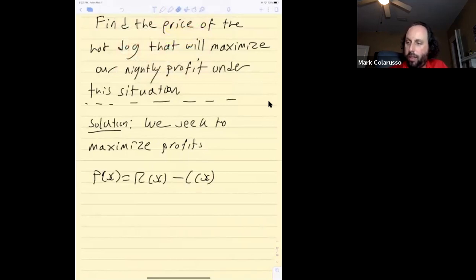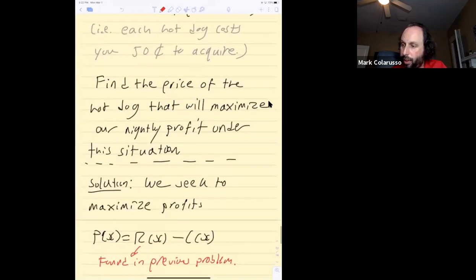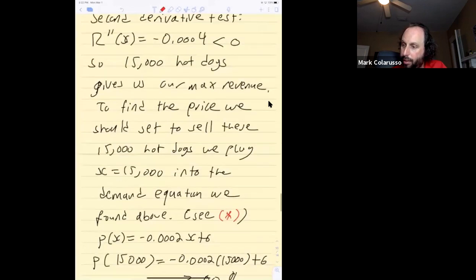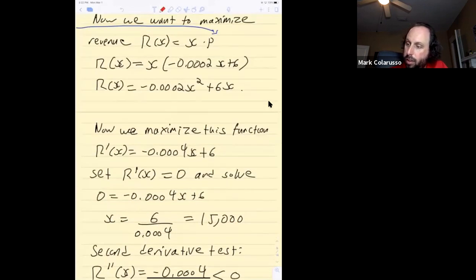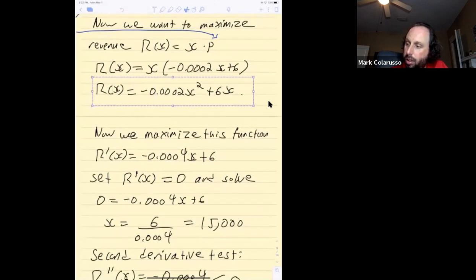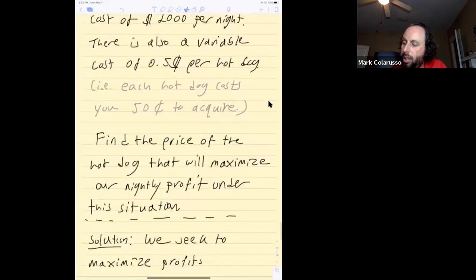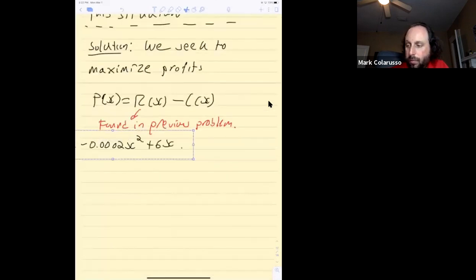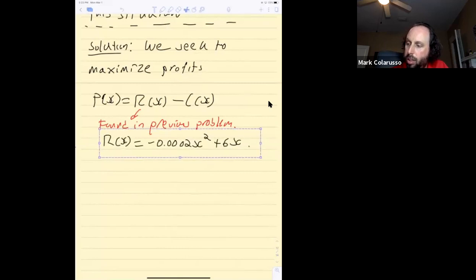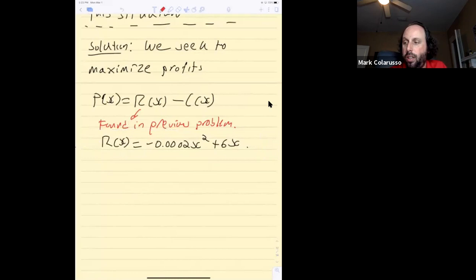So we found this in a previous problem. So what did we find? What was it? I gotta go up and grab it. There it is. But we need to construct the cost function from the information given in this part of the problem.